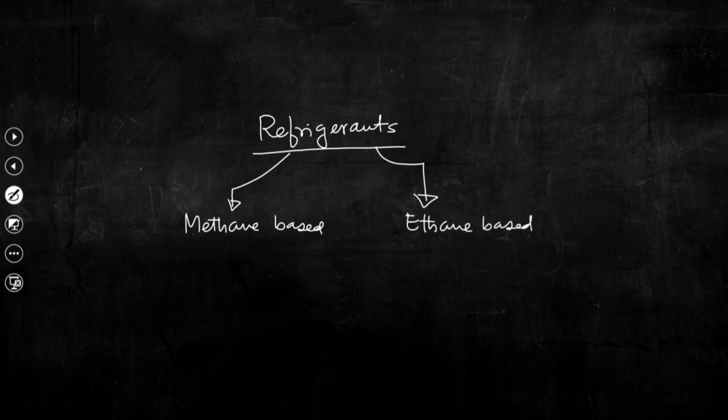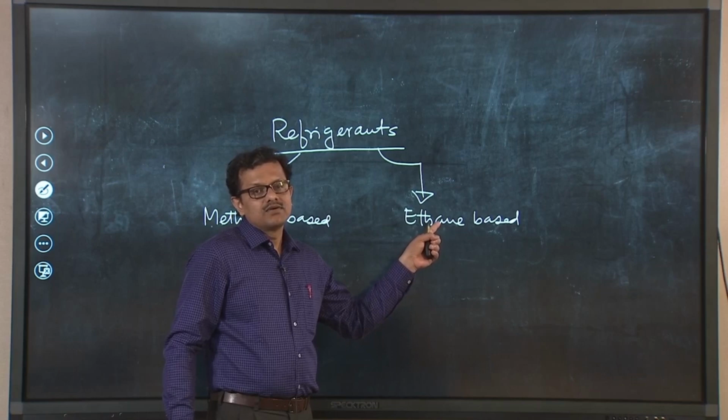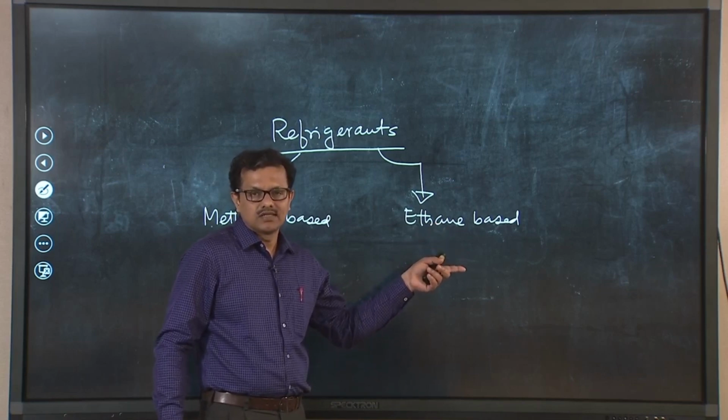As I said, the refrigerants are halogenated hydrocarbons. So, try to understand, and marketed under different proprietary names. So, basically though it is methane based or ethane based, hydrogen atoms should be replaced by several fluorine and chlorine atoms. So, halogens.